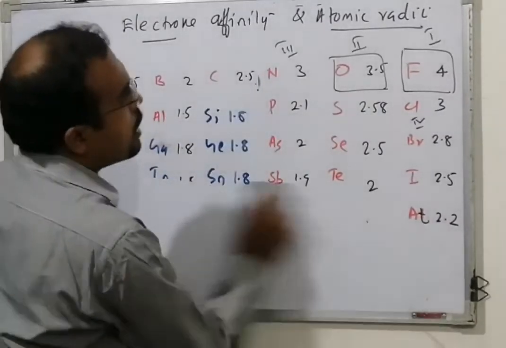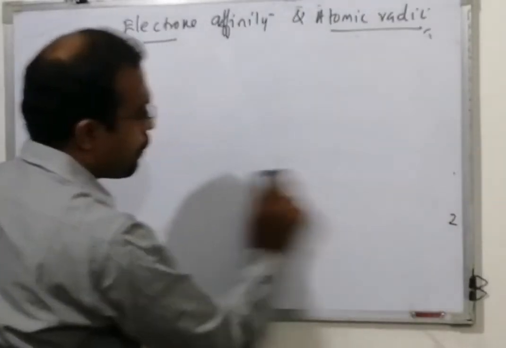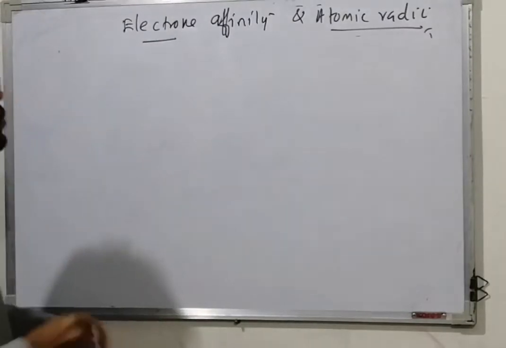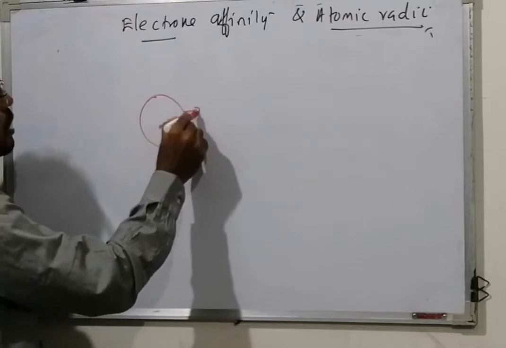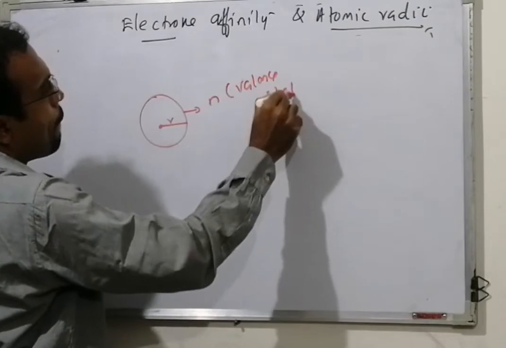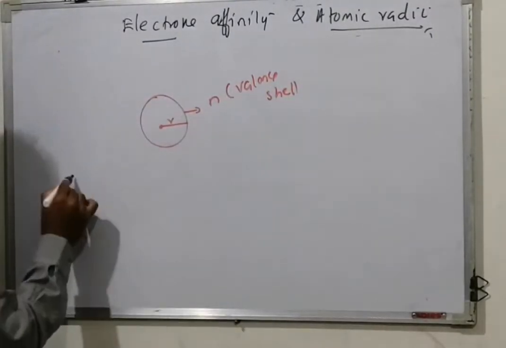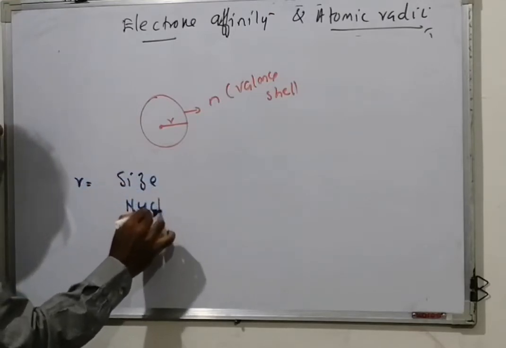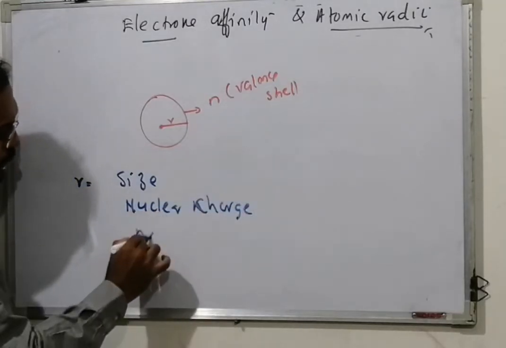Now we can go to the next topic, atomic radii. What is a short trick for atomic radii? We know that atomic radius is the distance from the nucleus to the valence shell. Agree? Radius depends upon size, nuclear charge, and number of shells.